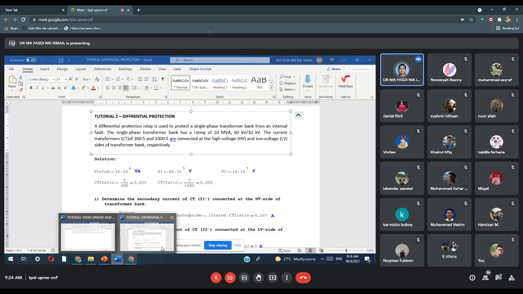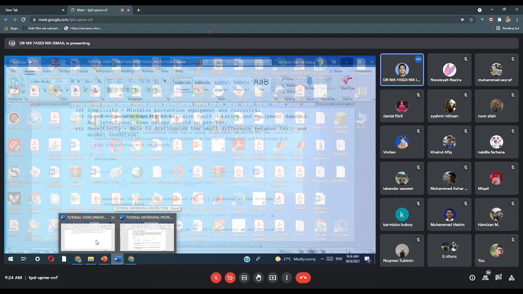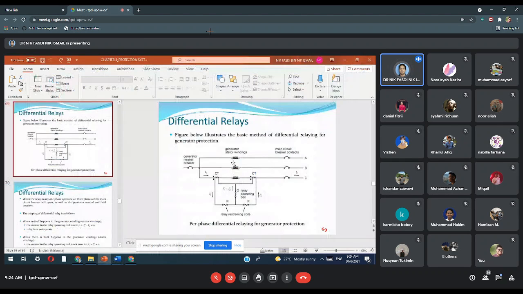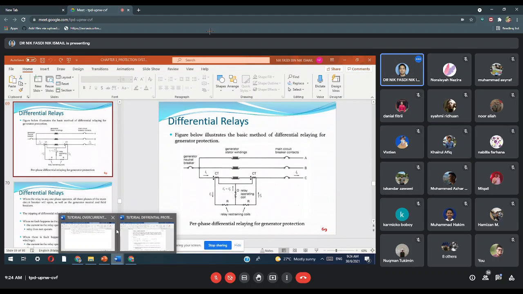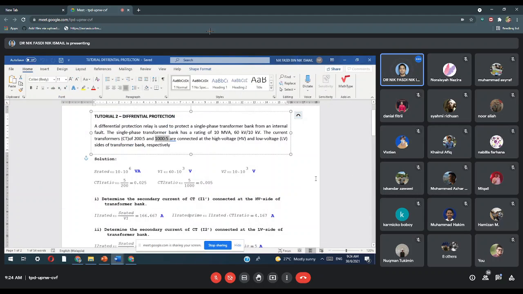So this is 60 kV side and this is 10 kV side. High voltage side, low voltage side. Semua you tak boleh kata ni not generator, this is transformer, different tak sama. Tapi because I cuma ada diagram ni, so I guna diagram lah untuk show you, untuk you faham.